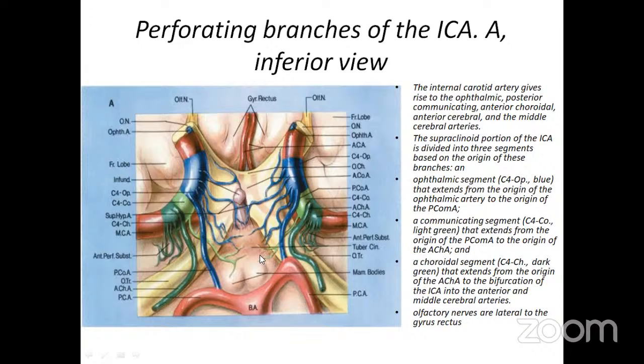Posteriorly, as this is the inferior view, here we can appreciate the infundibulum. It is below the optic chiasm. These are the mammillary bodies. This is the tuber cinereum. Posteriorly, we can also see the basilar artery that divides into the posterior cerebral arteries.